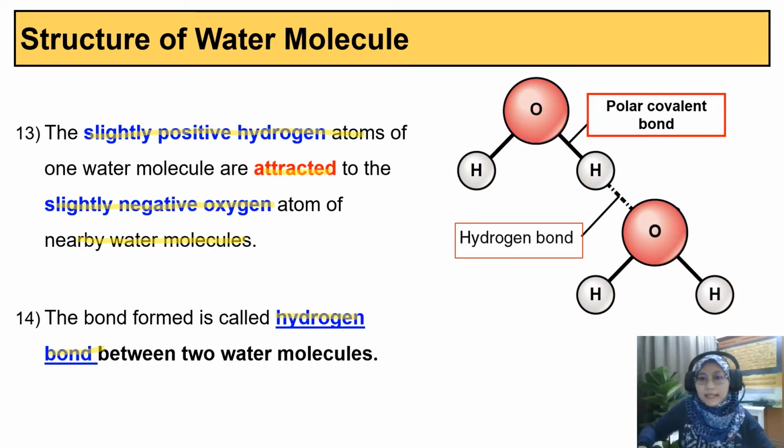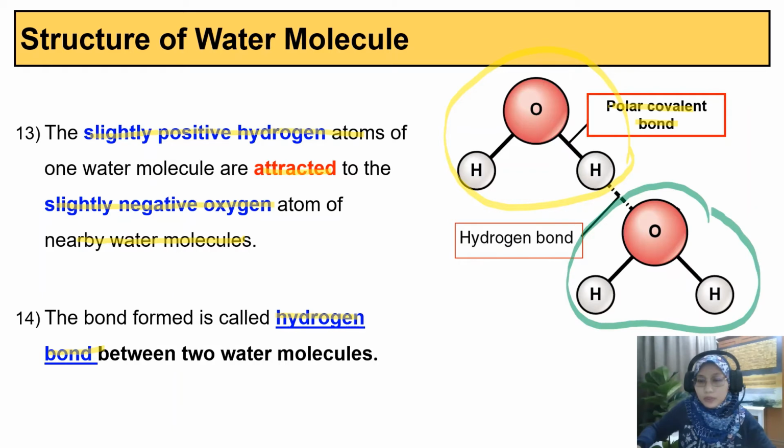From this diagram, you can see that this is the first water molecule, which links oxygen and hydrogen by polar covalent bond. The next one is the second, nearby water molecule, also with the V shape and an angle of 104.5 degrees, linked by the polar covalent bond.